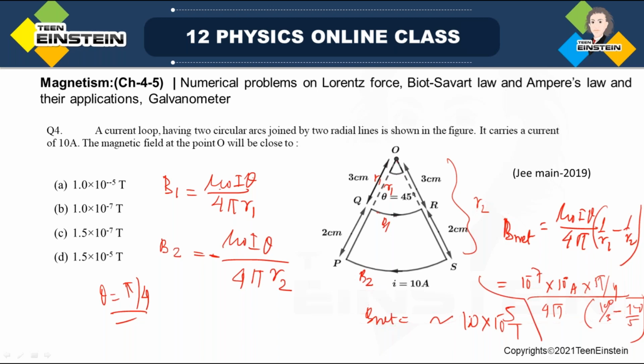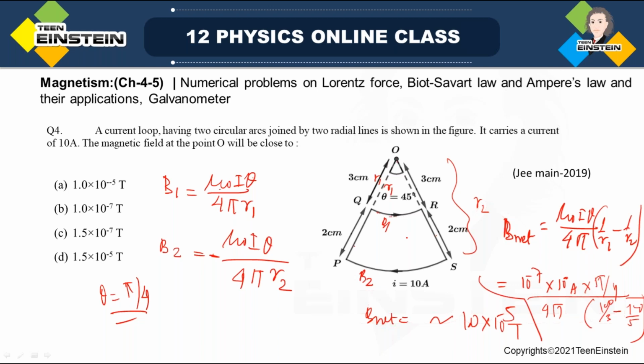So I'll just summarize what I have done. I have 4 portions, these straight portions will have 0 angle with the radius. So when I do dl cross r, that means dl sine 0 degree, so that would make it 0.